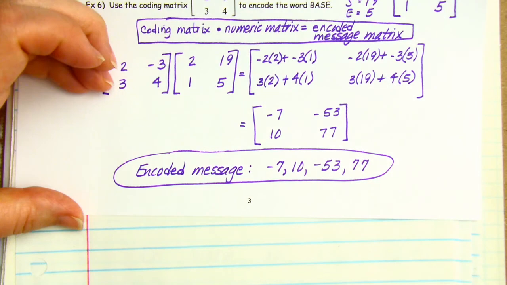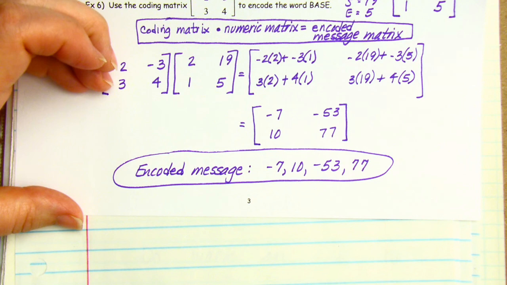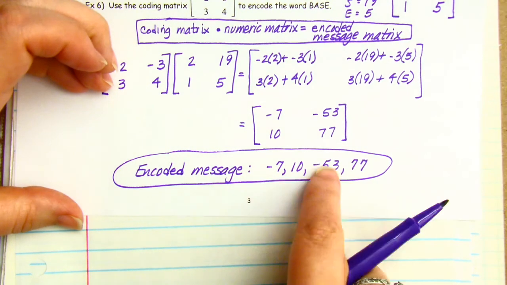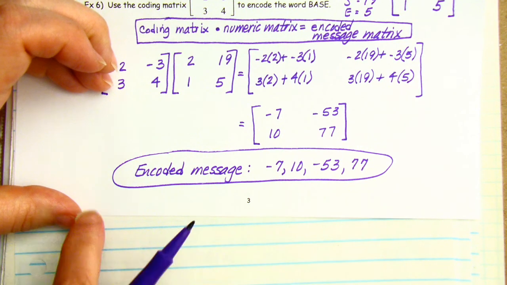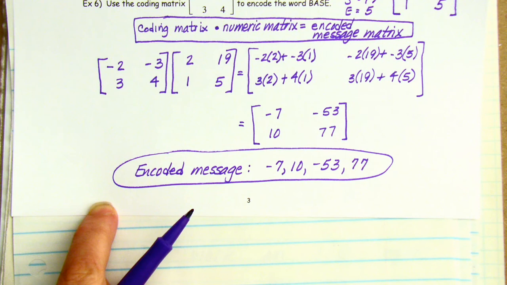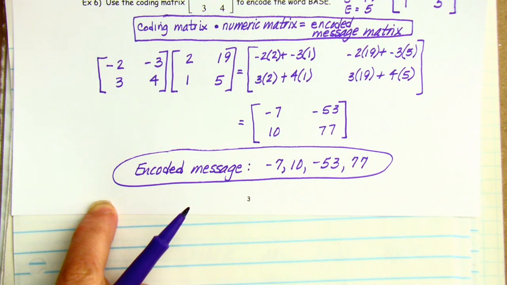Now you should realize this is encoded because the letters of the alphabet aren't going to have any negative placement of converting this from numeric to alpha.